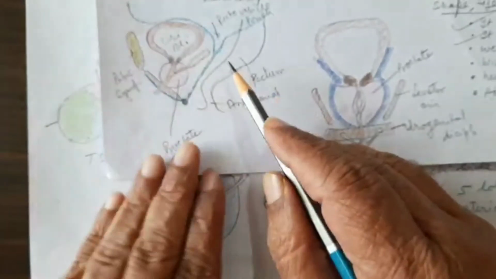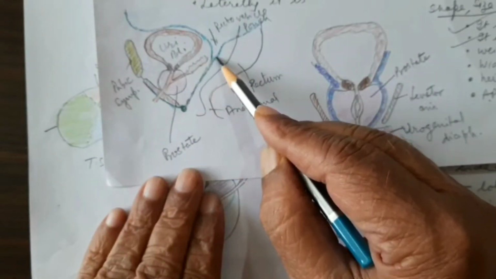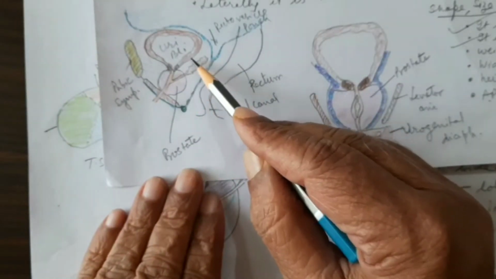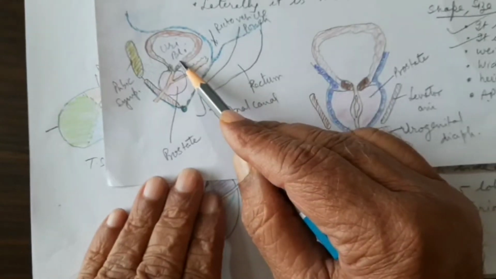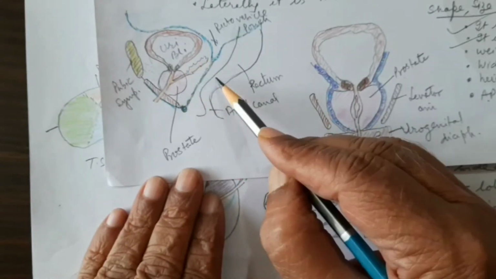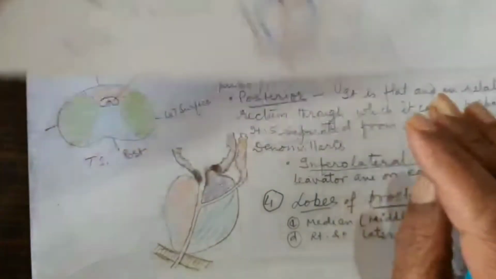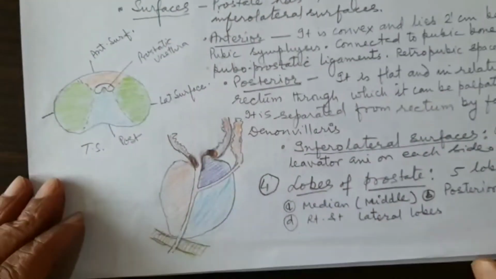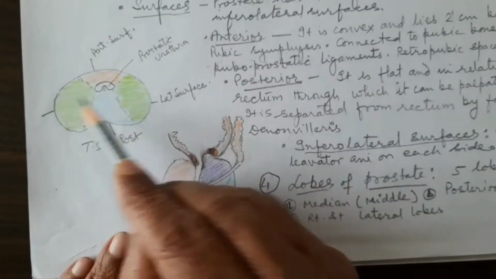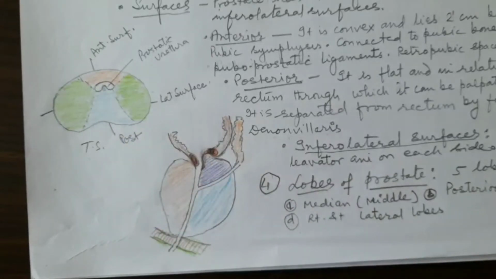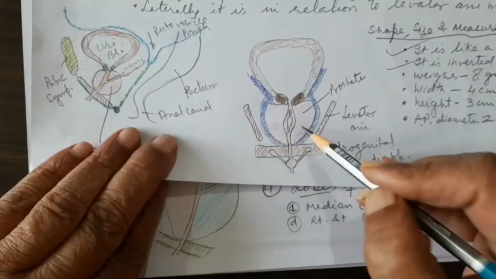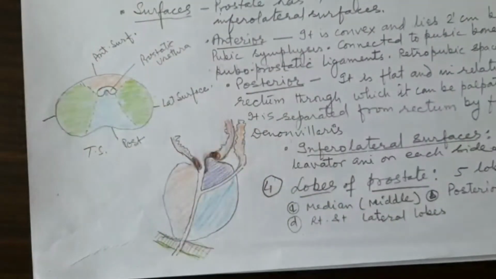This fascia separates the posterior surface of the prostate and that of the rectum. Let us come to the right and left infralateral surfaces, which I said will be in relation to the levator ani muscle, on the right side and left side.